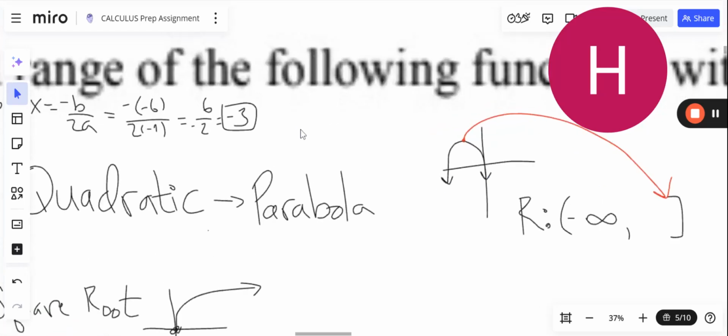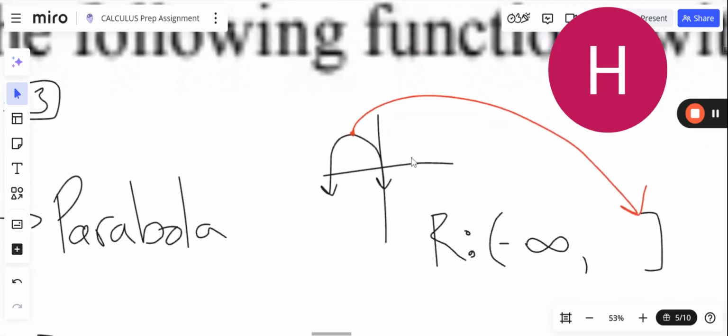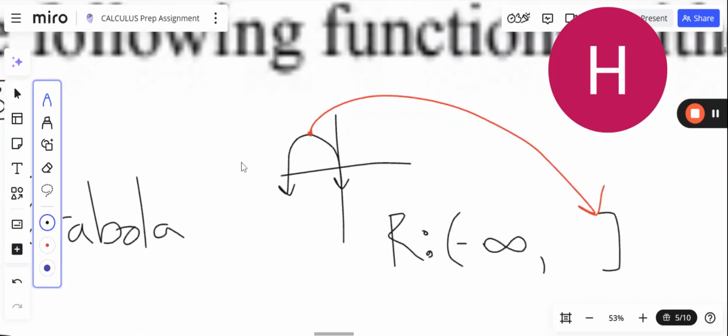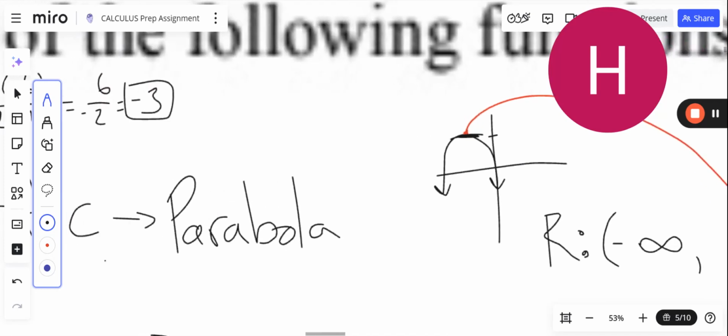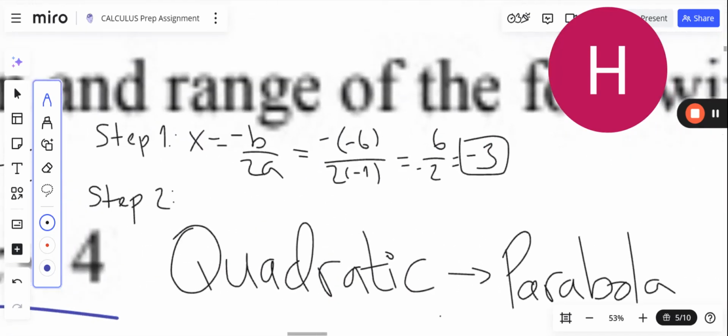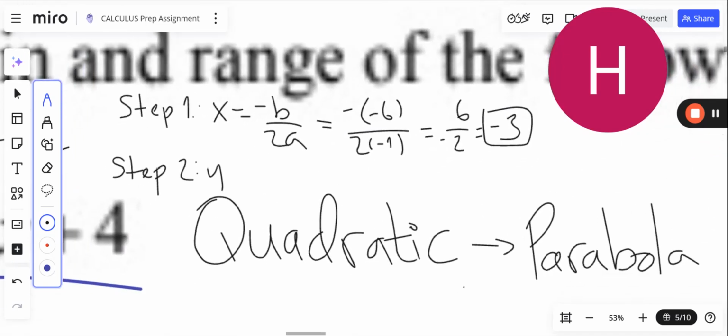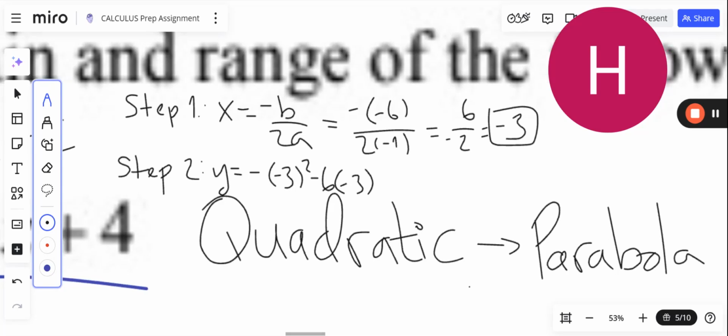Now let's find the y value, because the y value is the maximum value. That's this line here. How do we find a y value? We plug in x values. So simply y equals negative, plug in your x equals negative 3, minus 6 times negative 3. And then what is that, plus 4?